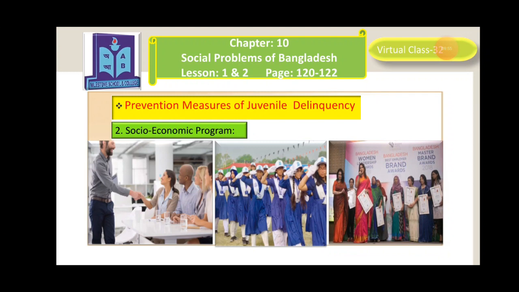So they will be a women leader one day. And see the third picture, the captions: Women Leadership Awards, and Master Brand Awards, which are only for women who achieved success in their practical life. That should be confirmed by the government and also non-government organizations, so they will lead a better life.